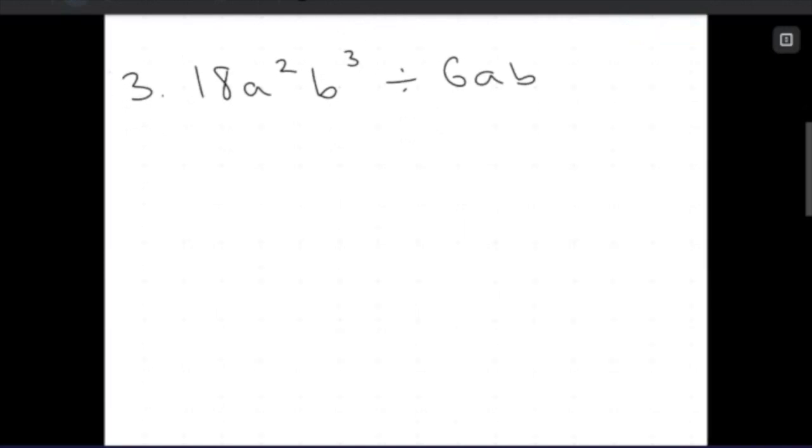Now, we'll go one more example. I'll make this one a little bit more tricky. So let's go 18a squared b cubed divided by 6ab. Okay, now, once again, this is a little bit annoying just to work with.